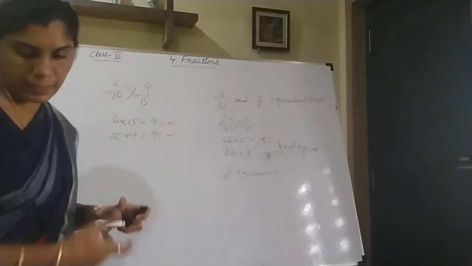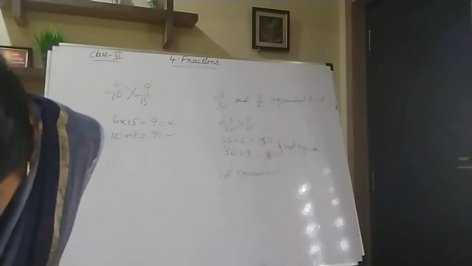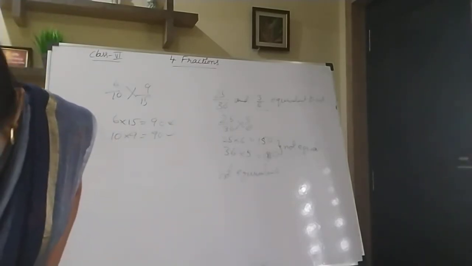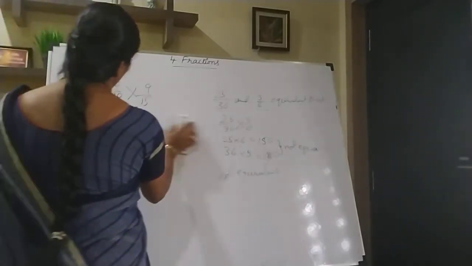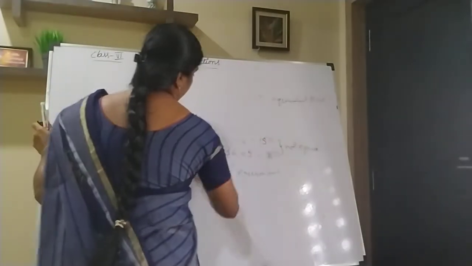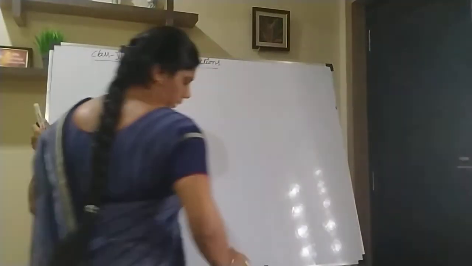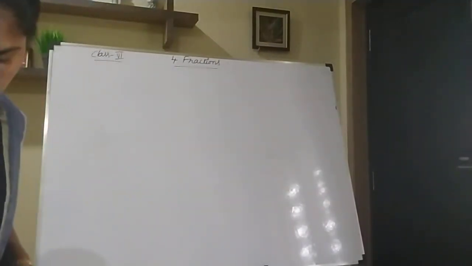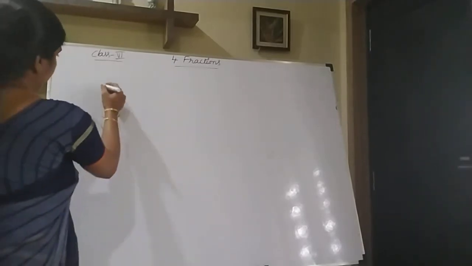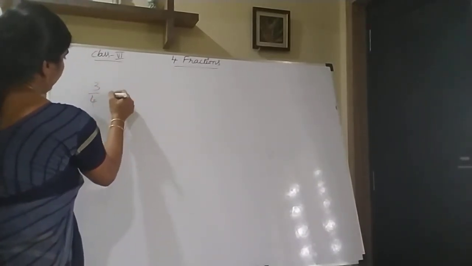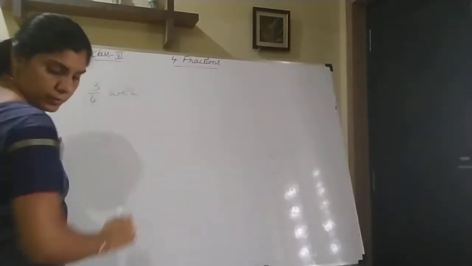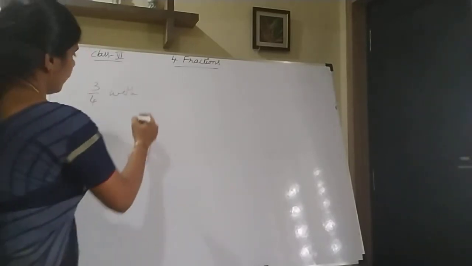Okay, now we will see another thing. So how to find out? I will write one problem. See this one. So 3 by 4 with numerator 24.